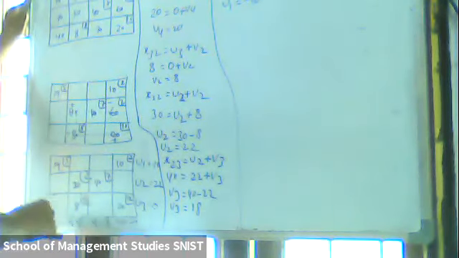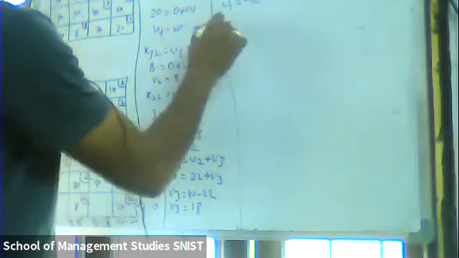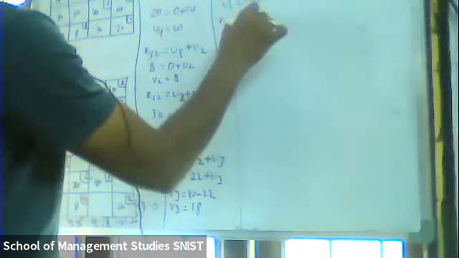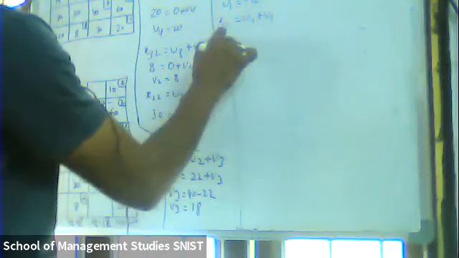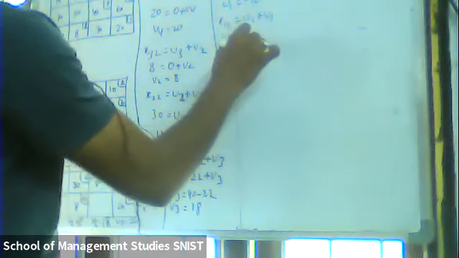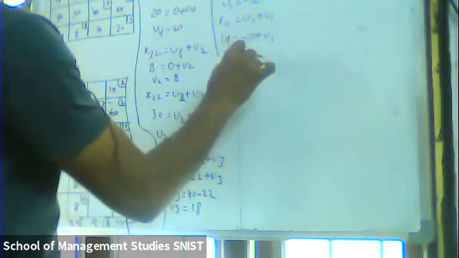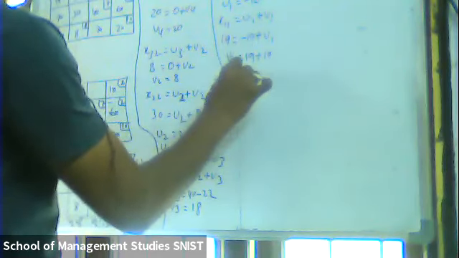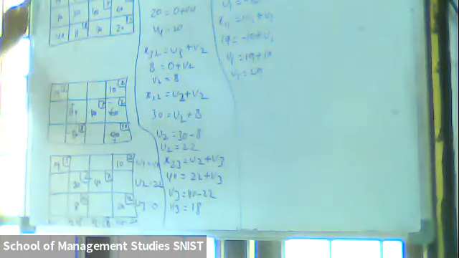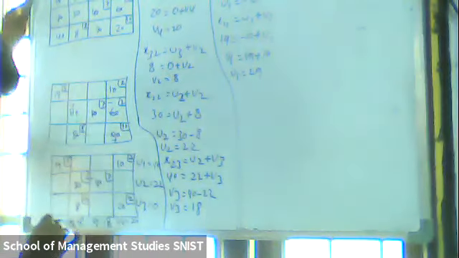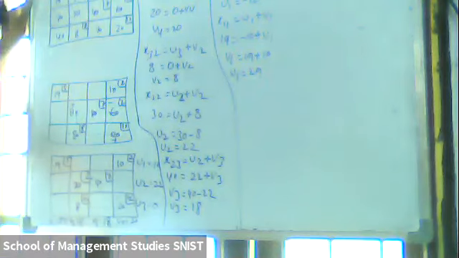Now last we need to find out V1. x11 equals U1 plus V1. x11 is 19, U1 is minus 10 plus V1, then V1 equals 19 plus 10, then V1 equals 29. Yes or no?